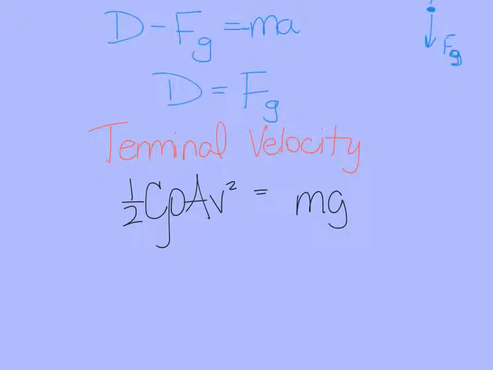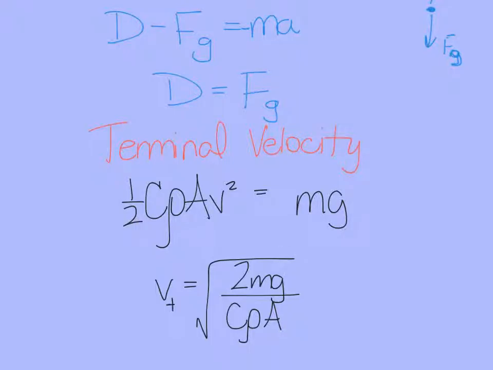Since we're trying to solve for velocity, and I'll put a t on there so that we know we're solving for terminal velocity, I would multiply both sides of my equation by 2, divide both sides by c rho a, and then take the square root. This equation can be used to solve for the terminal velocity of any object, including that of our penny falling off the Empire State Building.